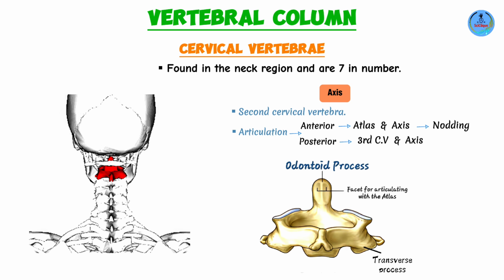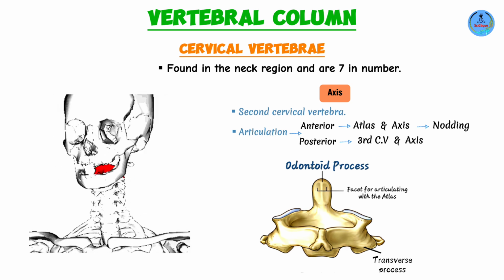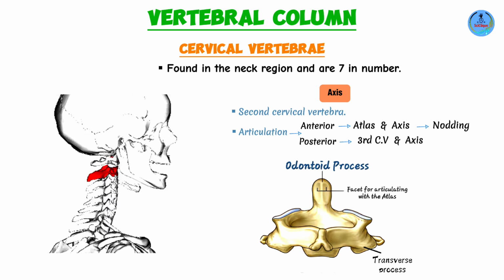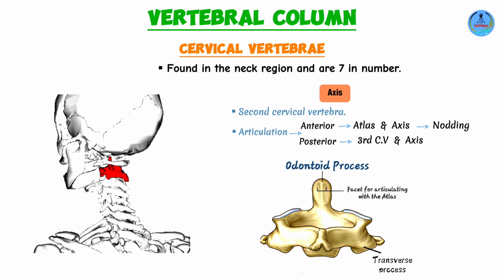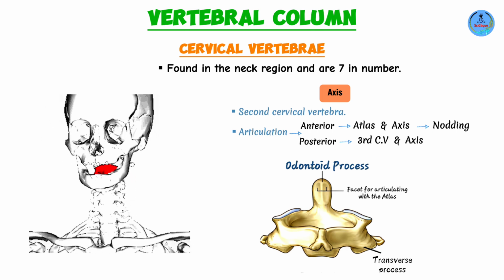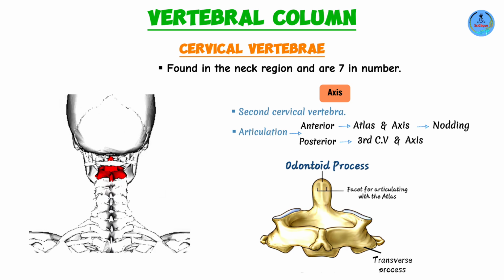So what are the distinctive features of the axis? Number one, the most distinctive feature that is not present in any other vertebra is the odontoid process. Now, the axis has a centrum that is broad. This is actually one of the structural differences between the atlas and the axis. When it comes to the atlas, it has no centrum.